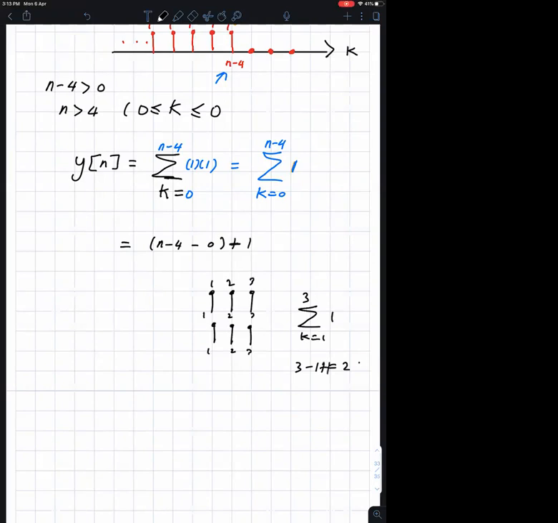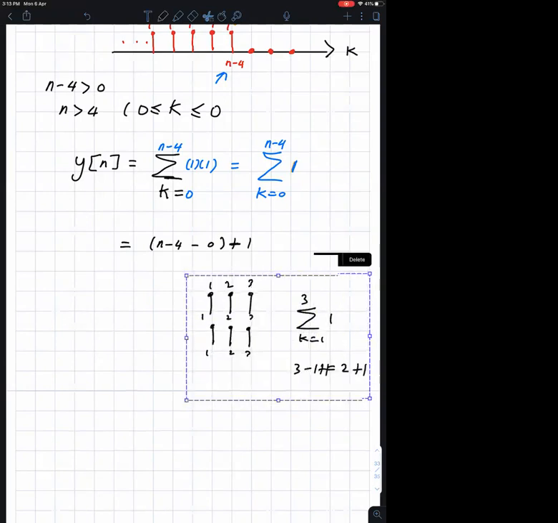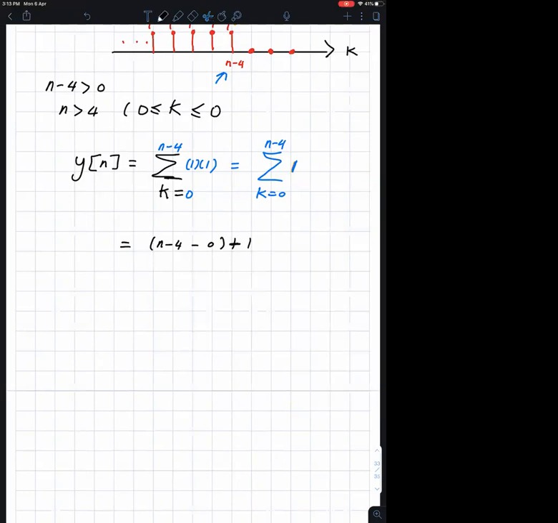That's why you have to add 1. So n minus 3. Sorry, n minus 3. So n is going to be greater than 4, but less than infinity.